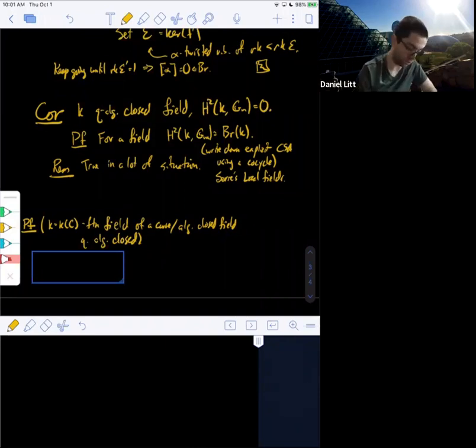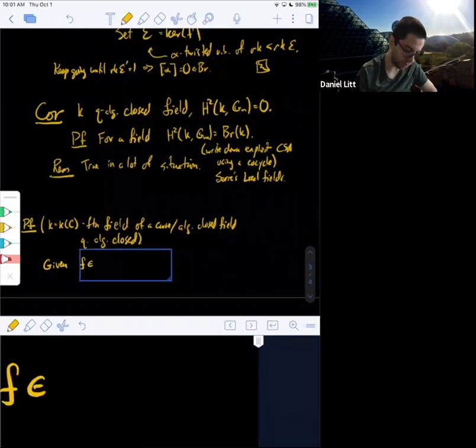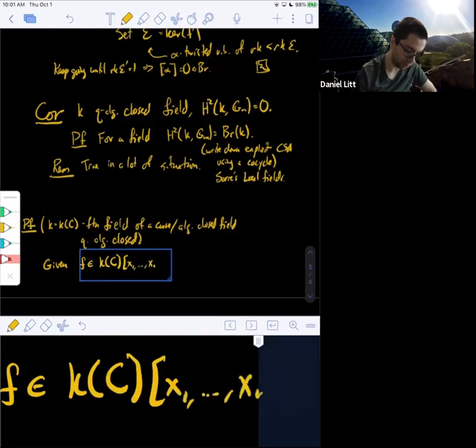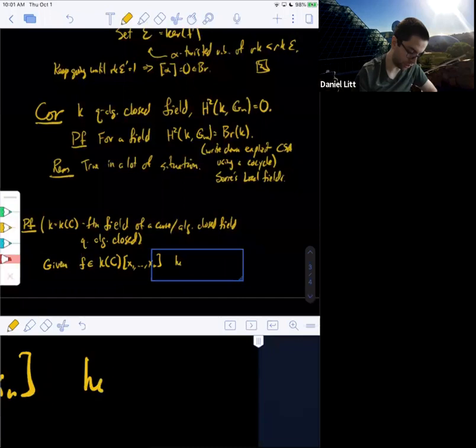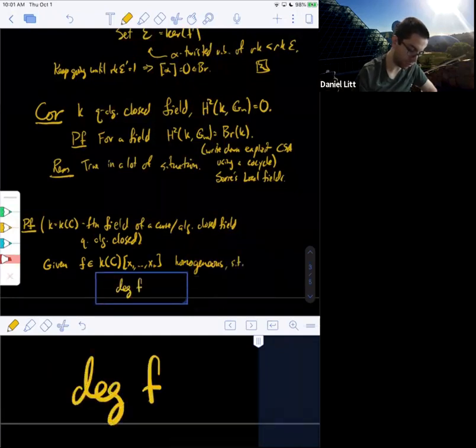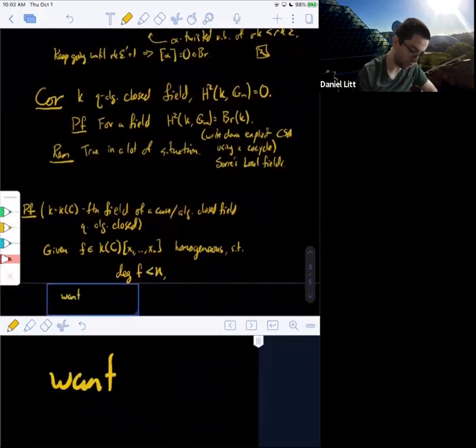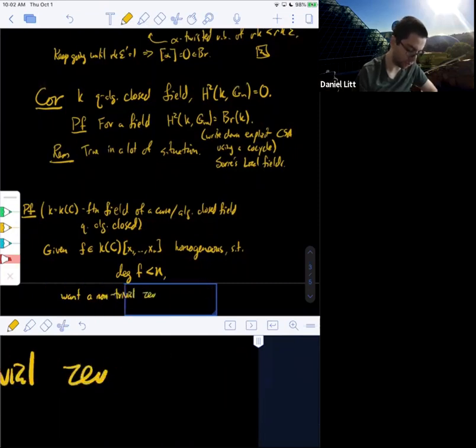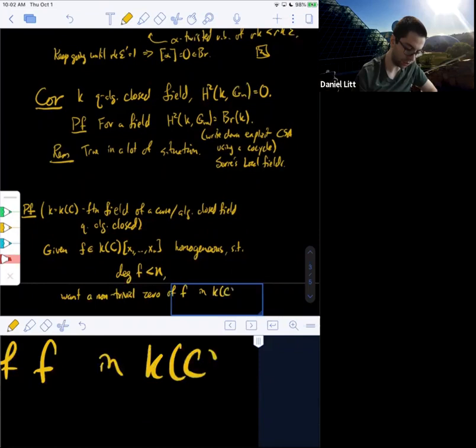All right, so what do we want? Given a function f in K of C adjoin x1 through xn, which is homogeneous, and such that the degree of f is less than n, we want to produce a non-trivial zero of f in K of C to the n.